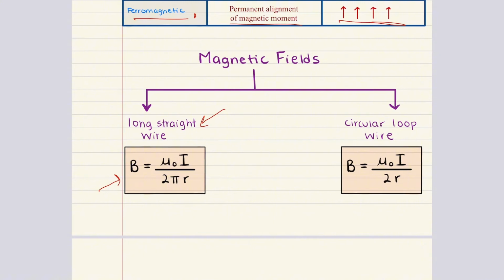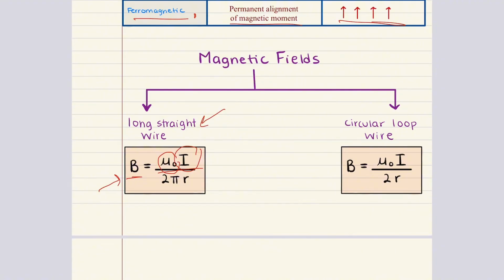In this equation, B is the magnetic field strength, and it's equal to mu naught, which is the permeability of free space, multiplied by I, which is the current flowing through the wire, divided by 2 pi r, where r is the distance from the wire.